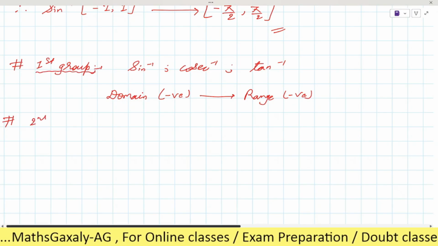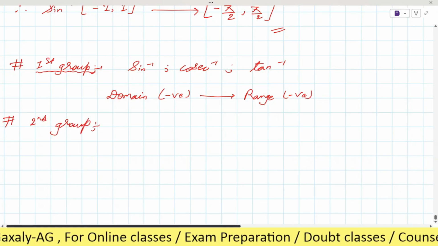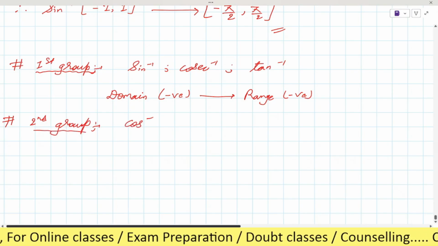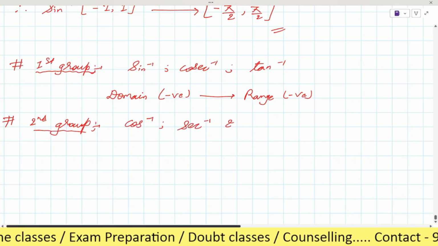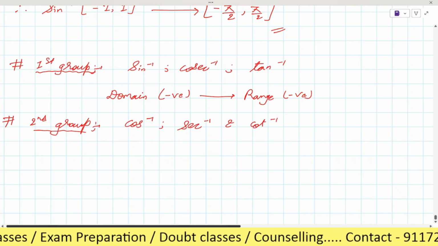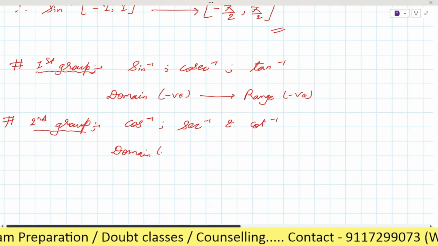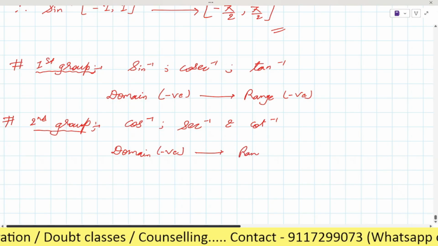The second group is of cos inverse, sec inverse and cot inverse. In it the domain will be negative and the range will be positive.